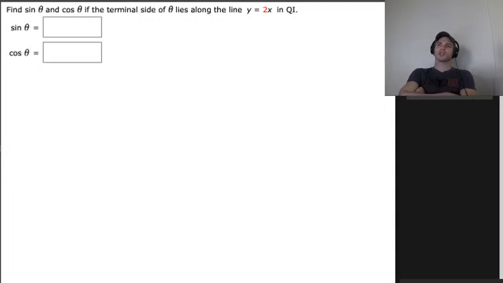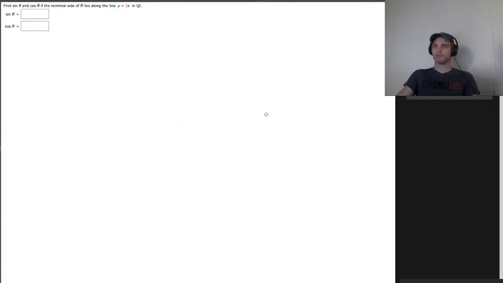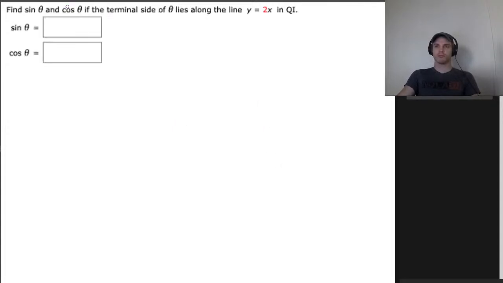Find sine and cosine if the terminal side of theta lies along the line y equals 2x in quadrant 1. So we've got to remember how to graph lines.